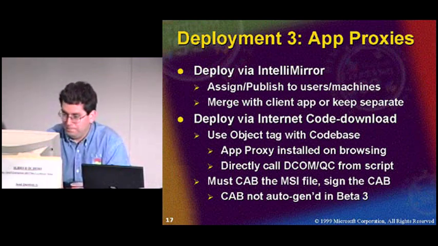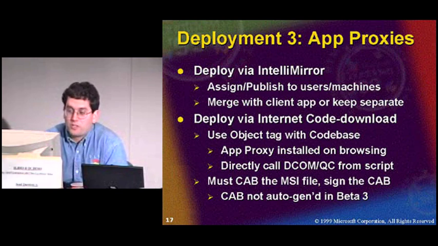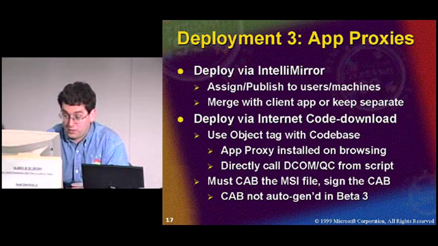And application proxies can be deployed via Internet code download, just like the client executable. With the object tag, the codebase can point to this application proxy, and when you browse to the page, the application proxy is automatically installed. A little caveat: the raw MSI file cannot be used directly. It has to be first wrapped into a CAB file. In Beta 3, that has to be done manually still.